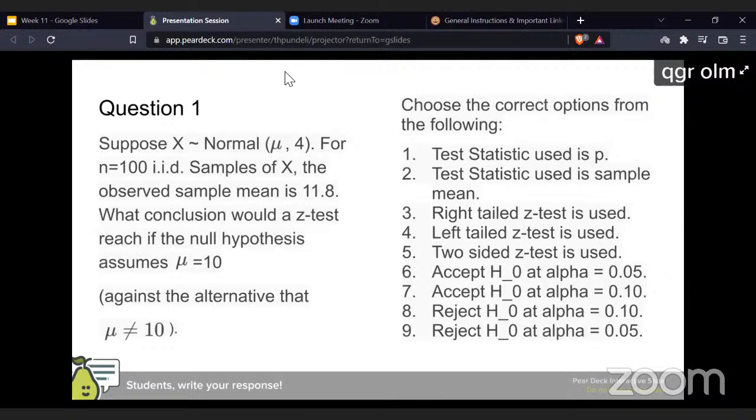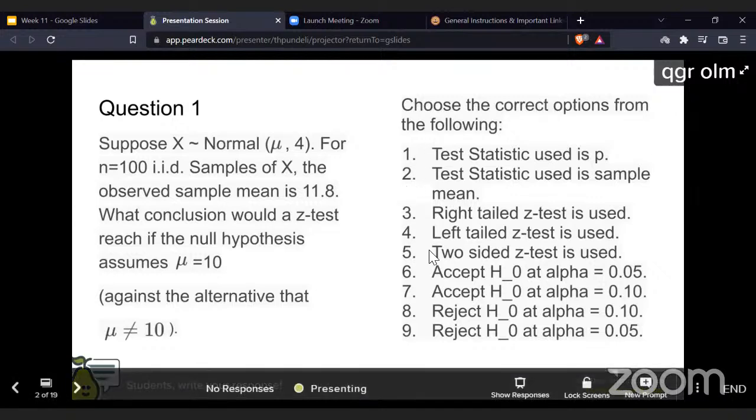So there are many options here from 1 to 9. You have to select the options that are relevant to this problem.